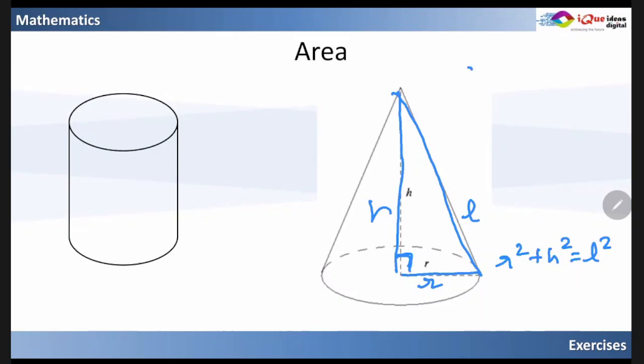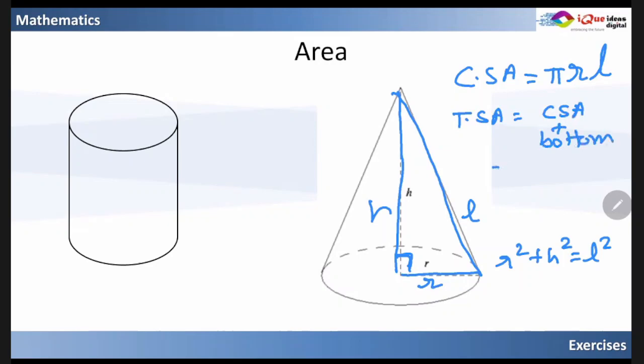Now the curved surface area, if I consider it to be hollow, no bottom, is given by the formula pi r L, and total surface area, that is the curved surface area plus the area of the bottom, is equal to pi r L plus the bottom is a circle, so pi r square.